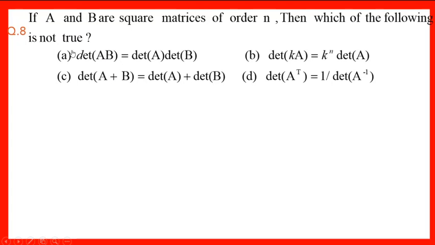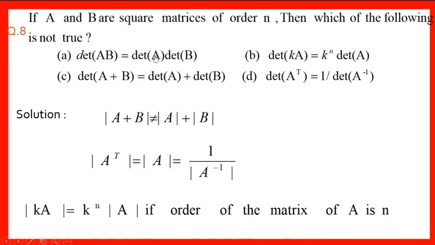Okay, so according to the property of determinant, the first option is correct, that is, determinant of a product is equal to the product of determinants. The second is true if the order of the matrix is n. If the order of the matrix is n, then we can write determinant of k into A as k raised to n times determinant of A. Now again, we know that when we interchange or apply a number of elementary operations, the determinant does not change.